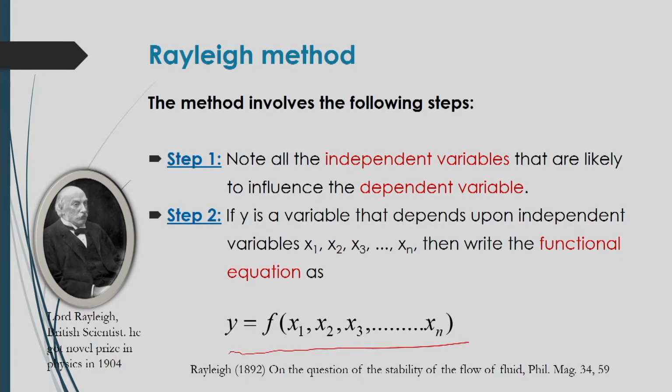There may be n number of variables, it may be 2, 3, 4, 5, 6, 7, 8 or more, that will be independent, whereas the dependent variable will be a certain variable. In this way you have to express the functionality of the dependent variable based on the independent variables.